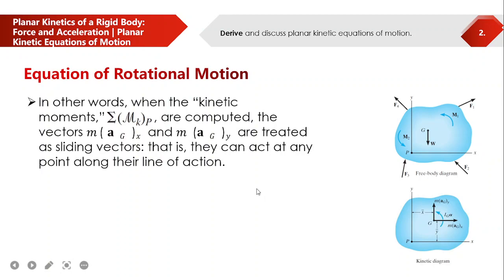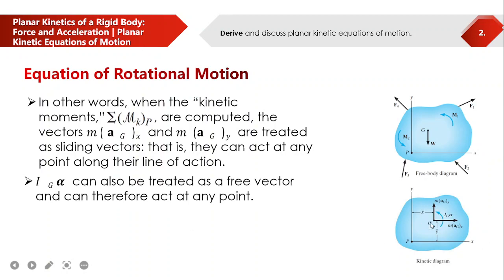So once you can compute the kinetic moments, these vectors, m times a sub g sub x and m times a sub g sub y, can act at any point along their line of action, since they each have their own line of action because they are components of the whole force at the center of mass. Okay? So if you already solved for the kinetic moments, then you can solve for the sliding vectors, the forces acting at the center of our body. Okay?